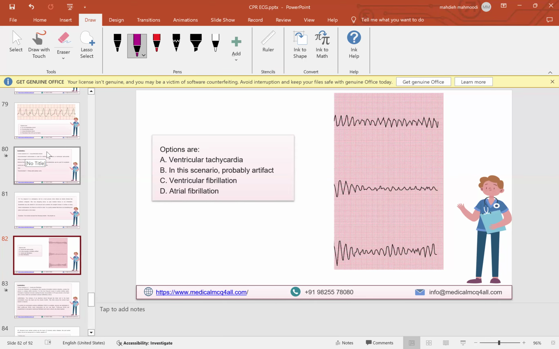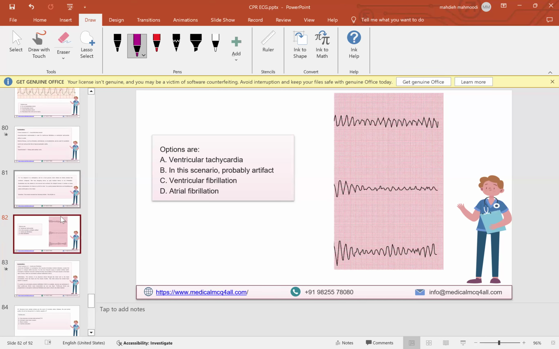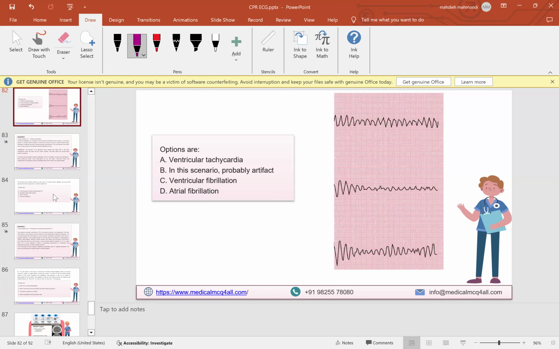Technically, VF patients, there is no pulse, never. If a VF patient has a pulse, it's either not VF or you are mistaken. There's no scenario in which a ventricular fibrillation patient has a pulse. So for these patients, you'd go directly for defibrillation.